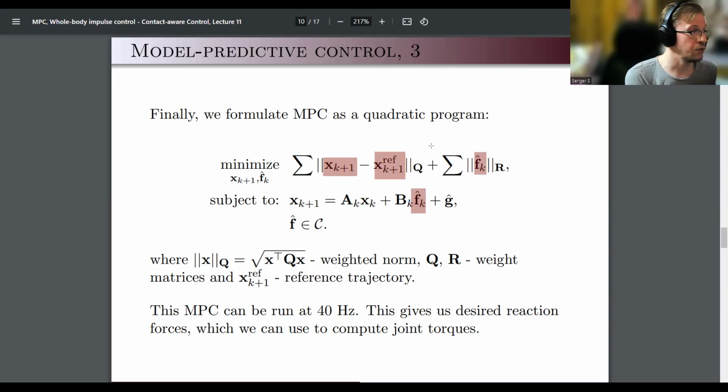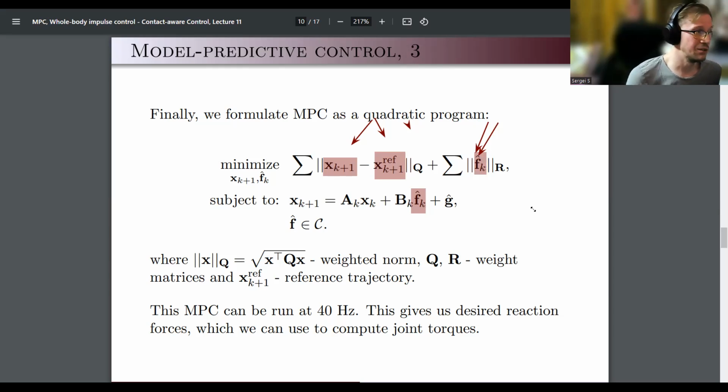Of course, usually what you prefer to do is to minimize the difference from the reference, like here. So if we had the reference here, it would be nicer to minimize the difference. Why is it nicer? Because the difference can always be zero, right? Or almost zero. Whereas this guy cannot be zero. As you imagine, your robot is going to walk, and the sum of reaction forces at least should compensate for gravity.